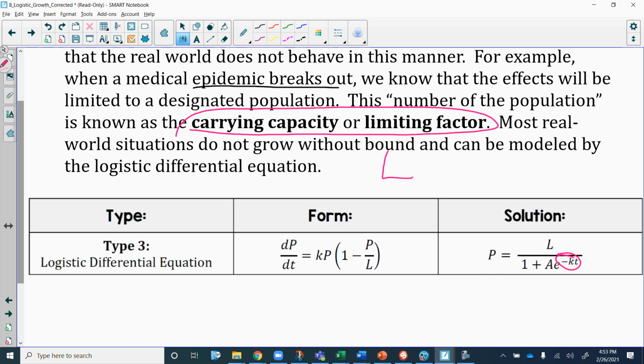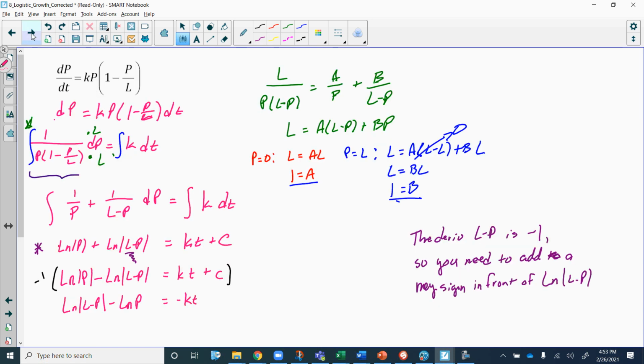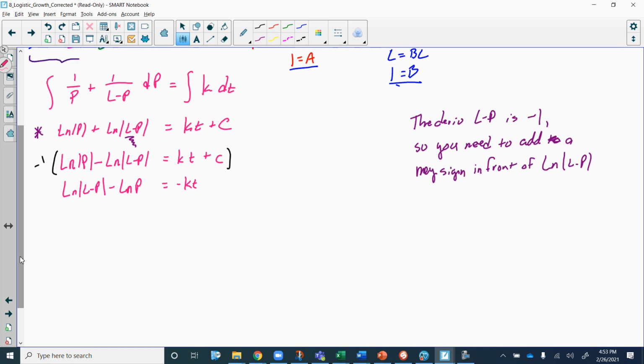So this is why and where the negative sign is being applied to that K value.